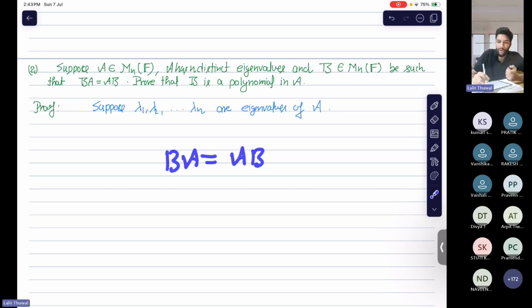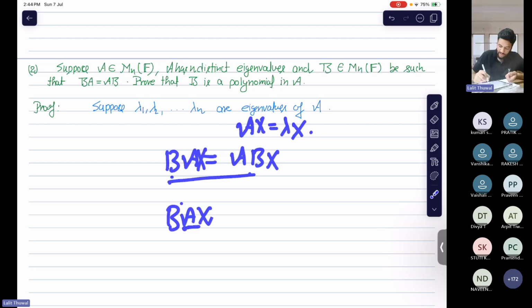So from here, observe that suppose you have an eigenvector of A corresponding to eigenvalue lambda. If you multiply by x on both sides, then BAx, because Ax is lambda x, becomes lambda times Bx. So it proves that Bx is also an eigenvector corresponding to lambda.